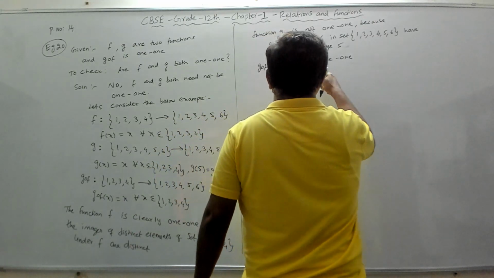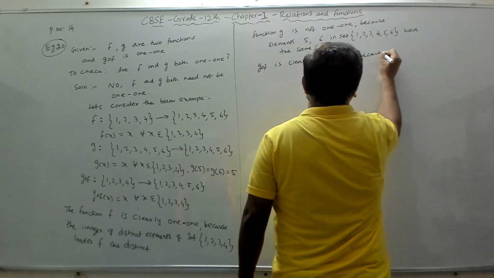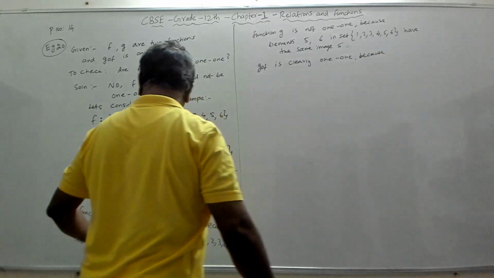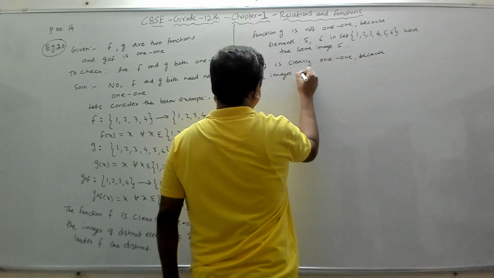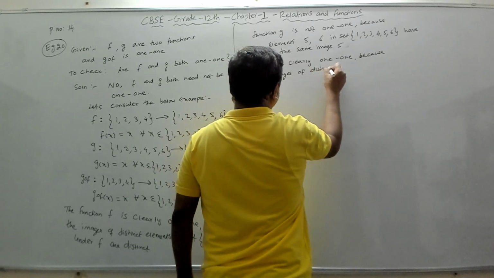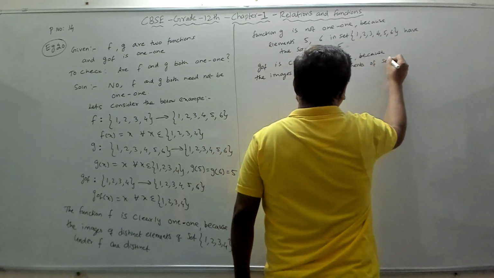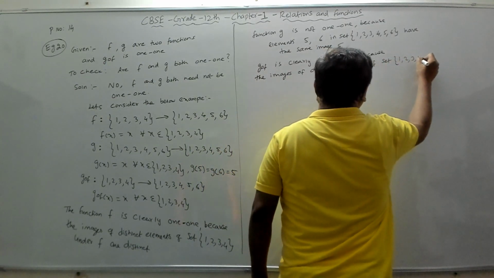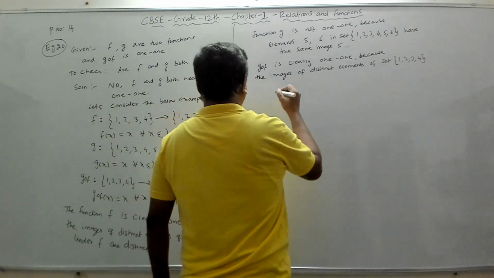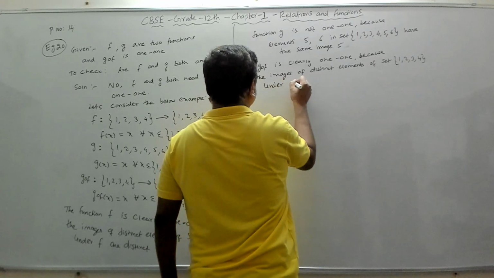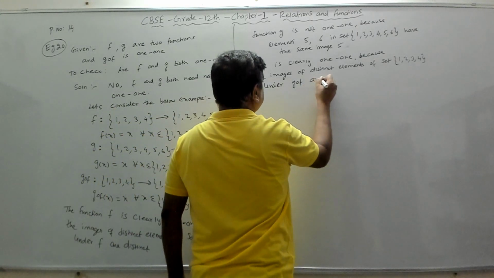So clearly G of F is 1 to 1, for the same reason: the images of distinct elements of the set 1, 2, 3, 4 under G of F are distinct.